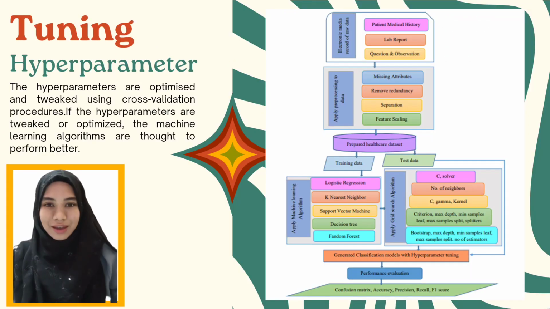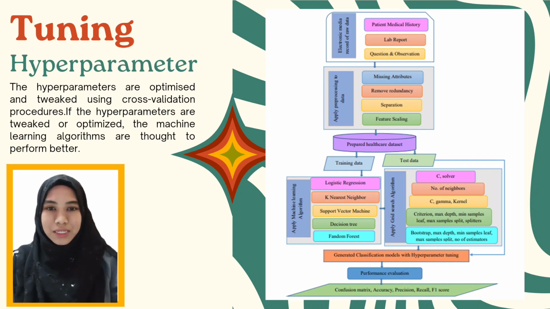Thank you. I will explain about tuning hyperparameters. The hyperparameters are optimized and tweaked using cross-validation procedures. If the hyperparameters are tweaked or optimized, the machine learning algorithms are taught to perform better.